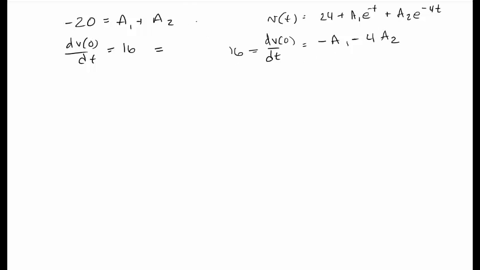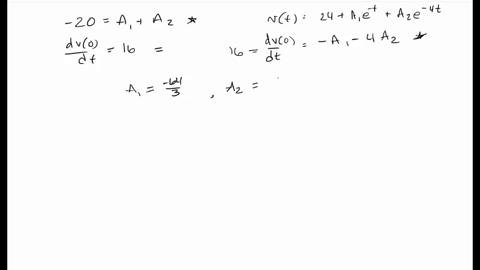So we now have two equations and two unknowns right here and right here. And we go ahead and we solve for A1 and A2, and we get A1 is minus 64 thirds. Use your calculator, it's a 2 by 2 matrix.